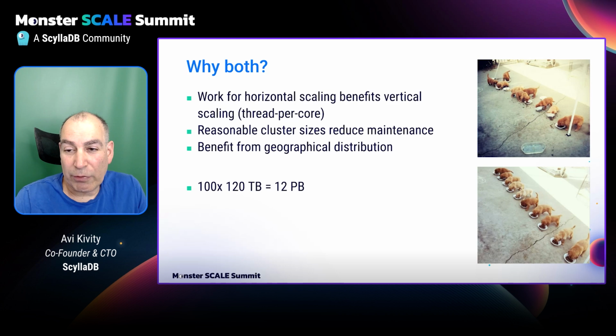If you use a thread per core architecture, then you basically get all of the benefits of horizontal scaling applied also to vertical scaling. And when you have a reasonable cluster size, then you get lower maintenance and lower failure rates. And you benefit from geographical distribution, so you do need this horizontal scalability.